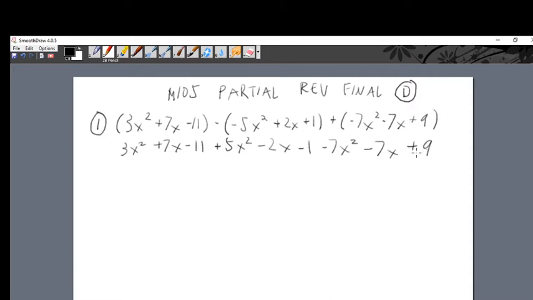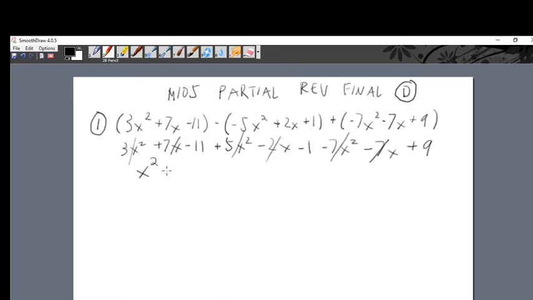Let's get like terms. 3x squared plus 5x squared is 8x squared. 8x squared minus 7x squared is just plain x squared, 1x squared. That's it, 8 minus 7. 7x and a negative 2x is 5x. And 5x and negative 7x is negative 2x, right?